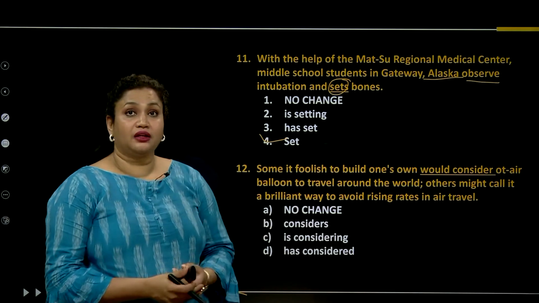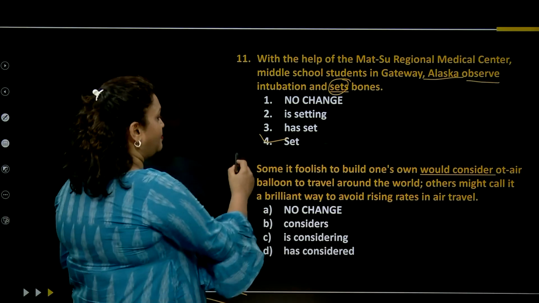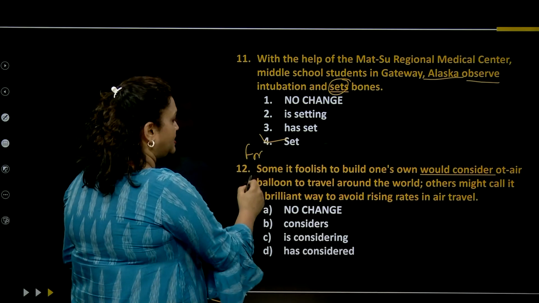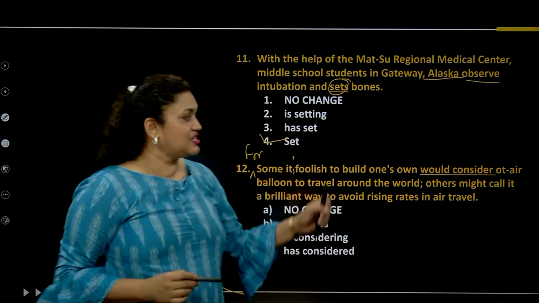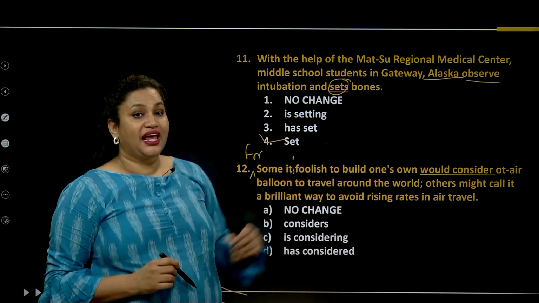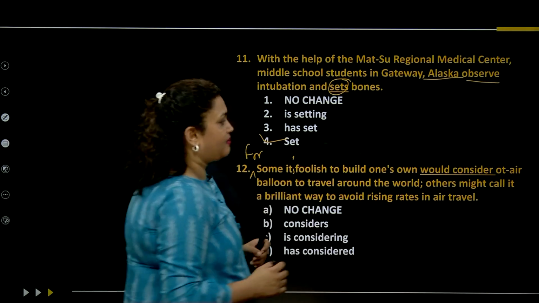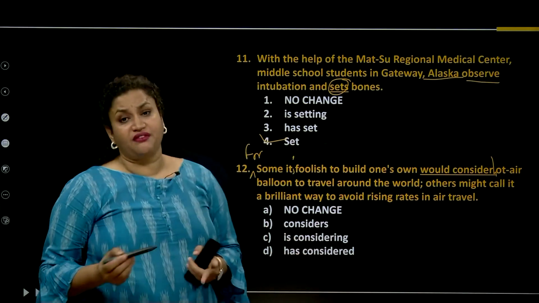What would you say? Some it foolish. So it is for some. Add this: for some, it's foolish to build one's own. Consider hot air balloon, it's a hot air balloon to travel around the world.